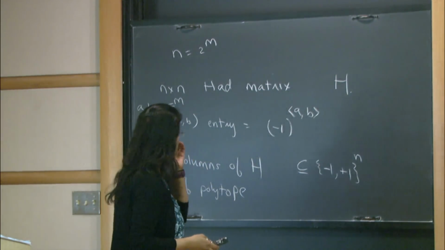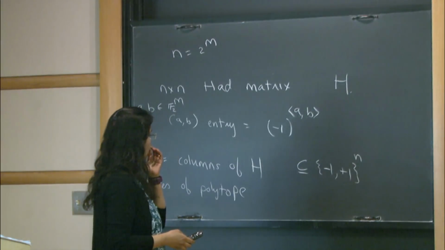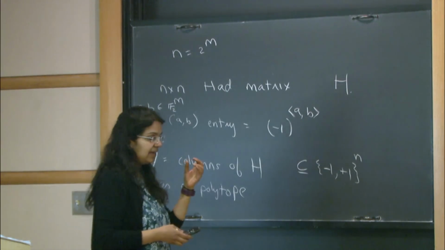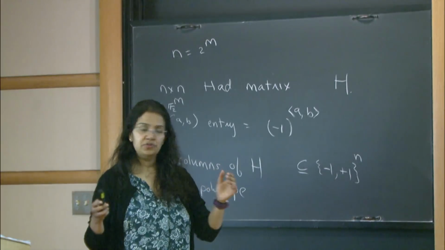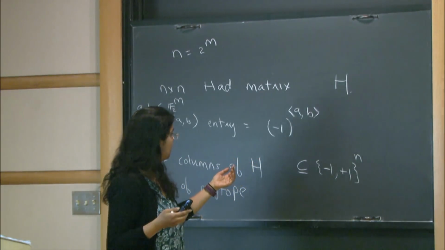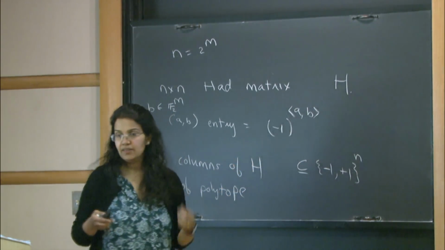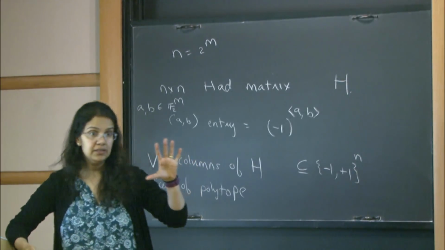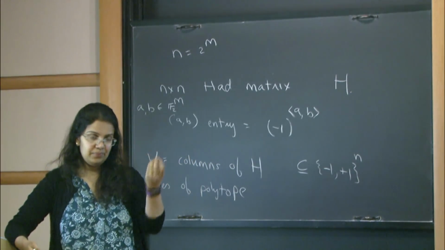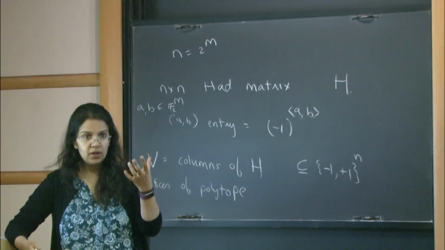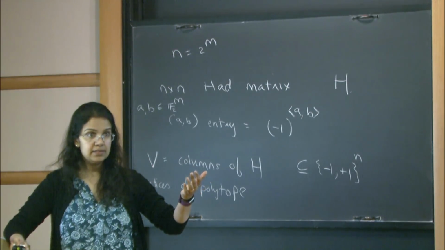The interior points of this polytope are going to be, each interior point has to be a convex combination of some of the corner points. We'll derive these interior points as uniform convex combinations of the corner points.